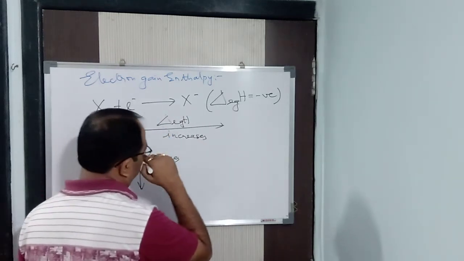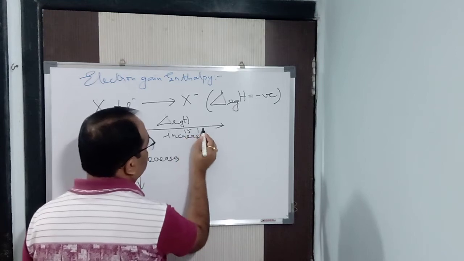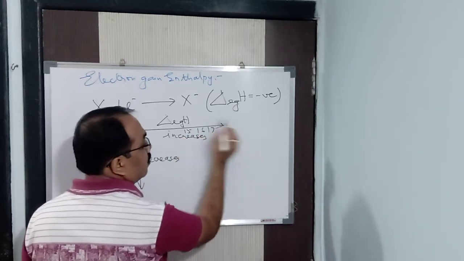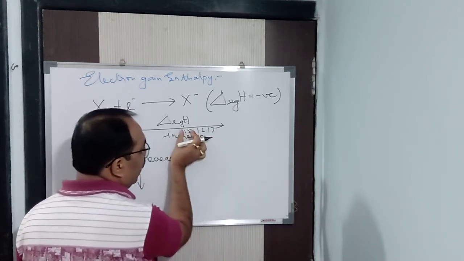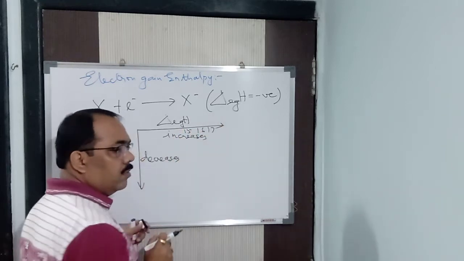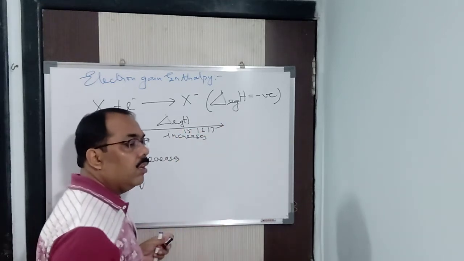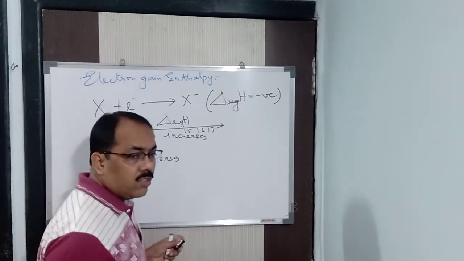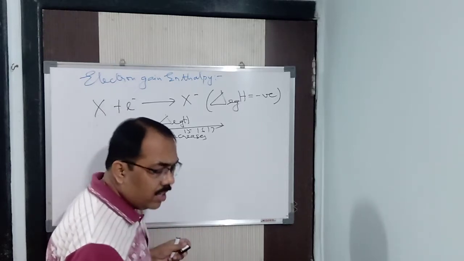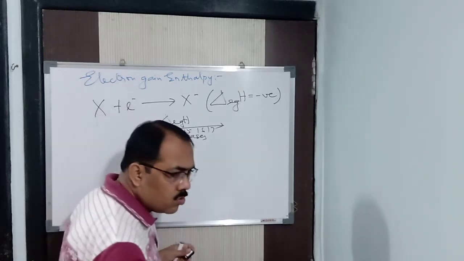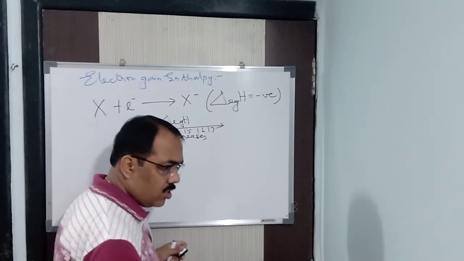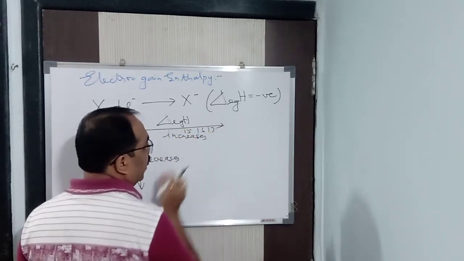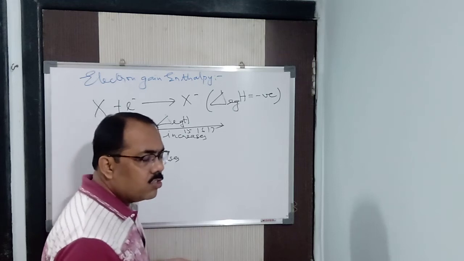Generally, from group 15, 16, 17 onwards it increases, because here it has a tendency to gain. Groups 1, 2, 3 have 1, 2 or 3 electrons in the outermost shell, so they already have a tendency to lose electrons to attain the stable configuration. Groups 15, 16, 17 have 5, 6, 7 electrons, so they have a tendency to gain.